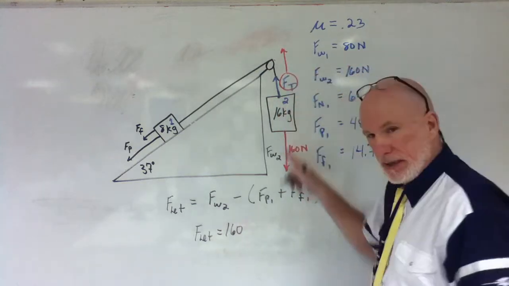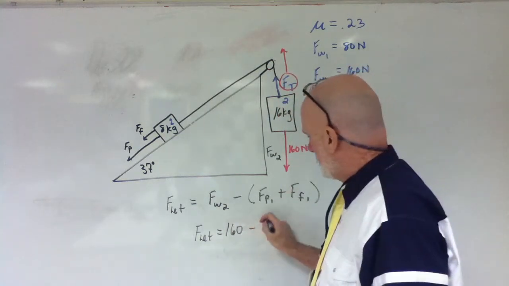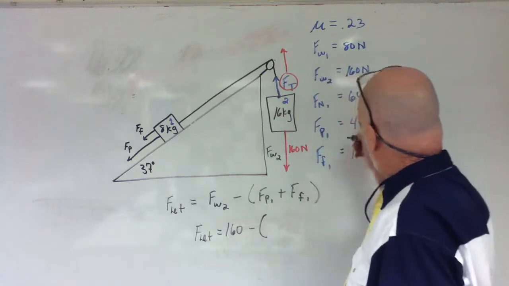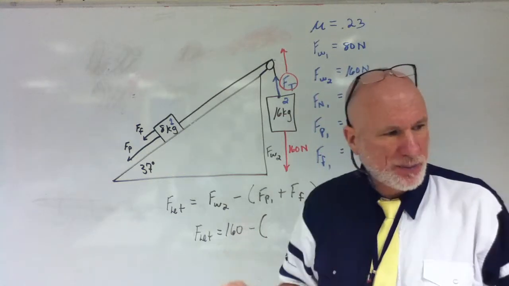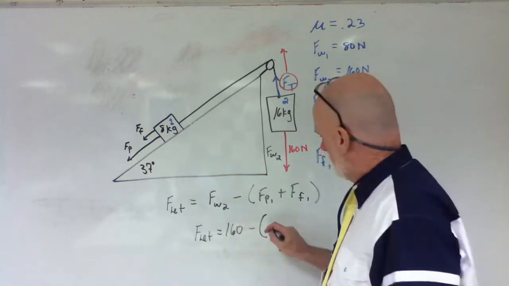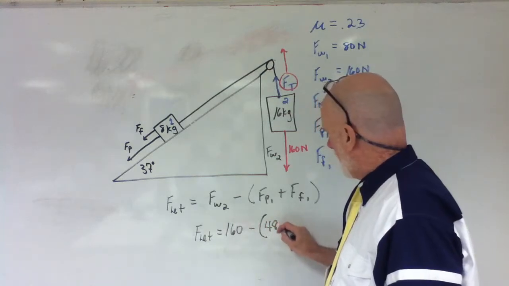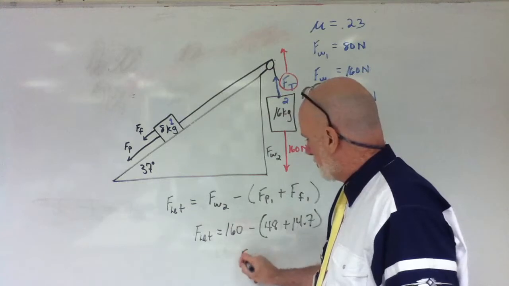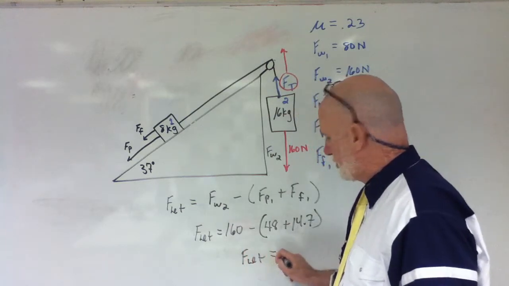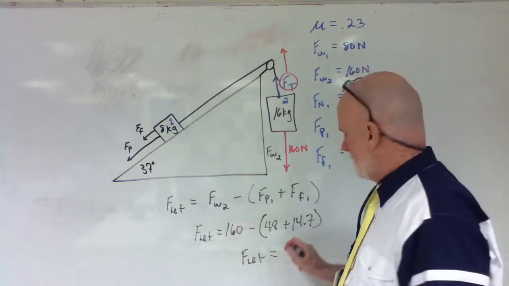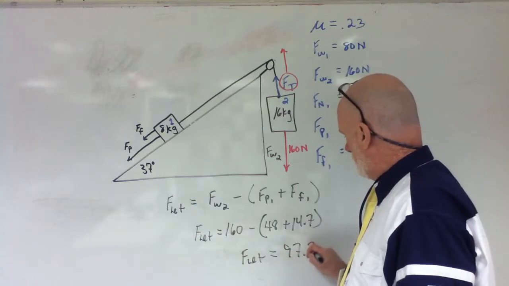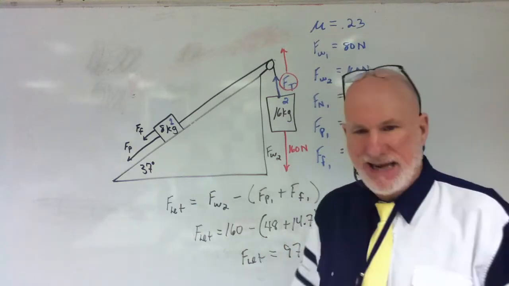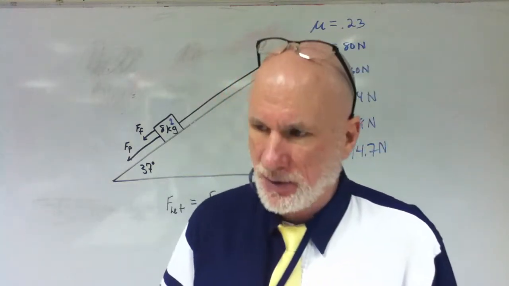Because that's actually going to be accelerating it. Minus 48 and 14.7. We'll just write it in: 48 plus 14.7. So the net force equals 97.3 newtons. Okay, that's the net force. That's what's driving it. We know that, correct?